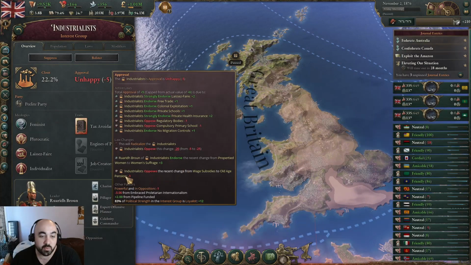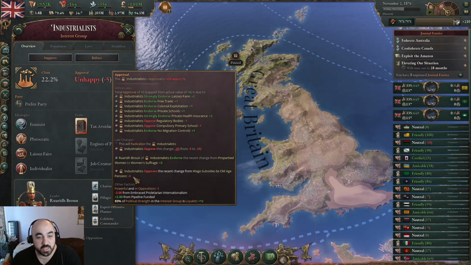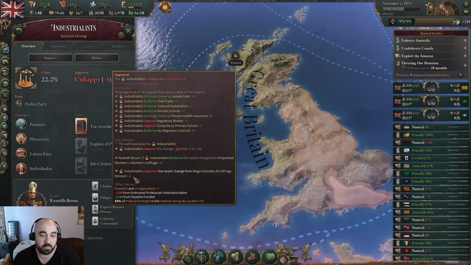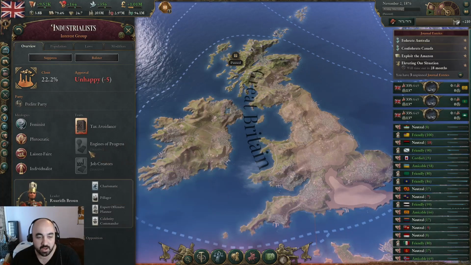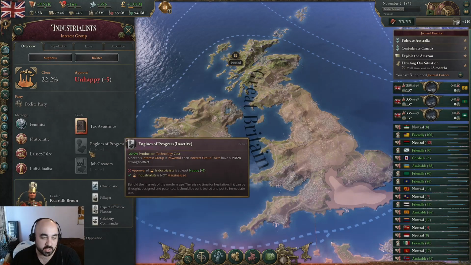For example, the recent change was a -5 and it decays. So keep an eye on the decaying effects, which are usually on a decaying spectrum for a variety of things. Passing a law itself is really what kills or makes a huge amount of approval, but then the decaying effect will go away. It's just something to keep in mind.